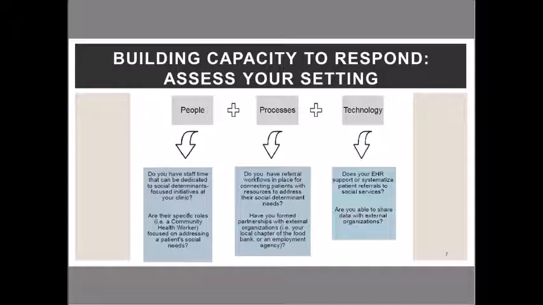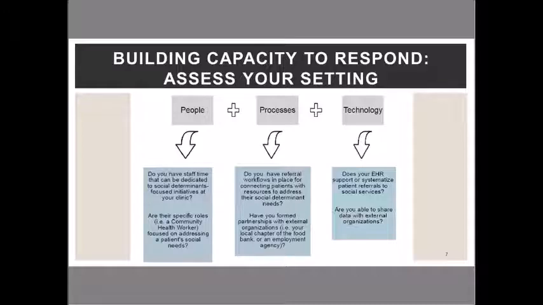Do you have specific roles at your organization, for example, a community health worker, an outreach worker, a patient navigator that is focused on addressing a patient's social needs, and do they have the appropriate knowledge and training to be able to respond to a patient's socioeconomic needs? So something to think about.